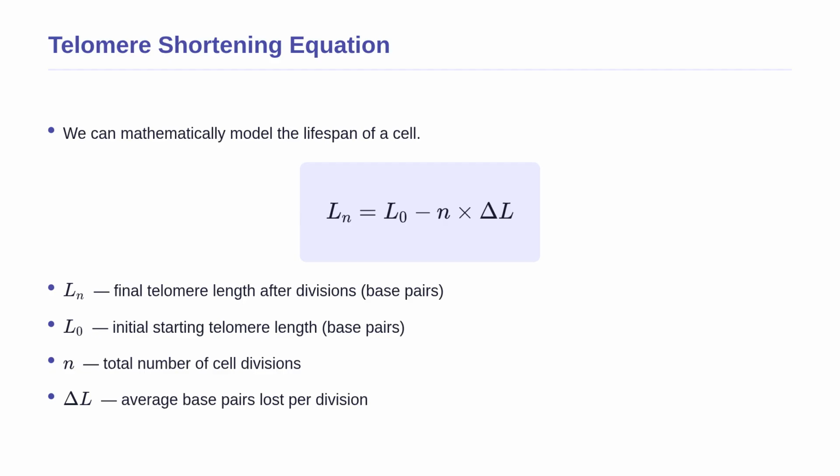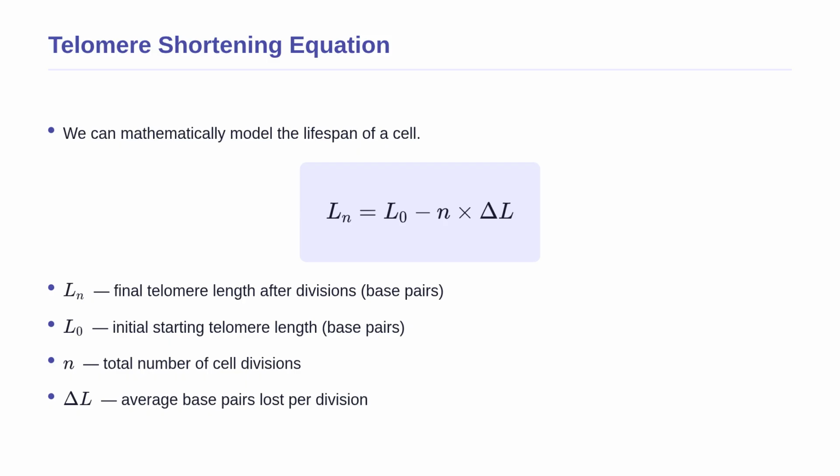We can actually model this biological clock mathematically to predict exactly when a cell will stop dividing. The formula on screen represents this linear shortening. L sub n is the final telomere length after a certain number of divisions. L sub 0 is the initial, starting telomere length.